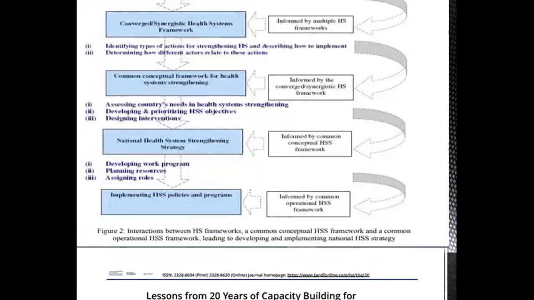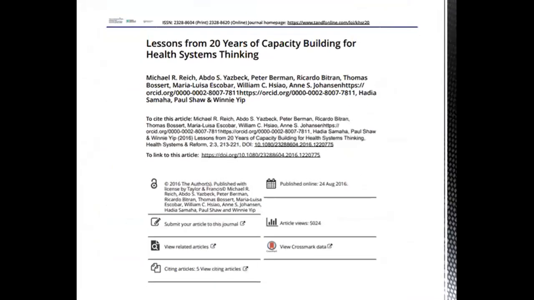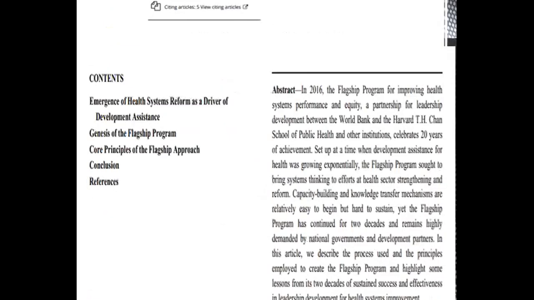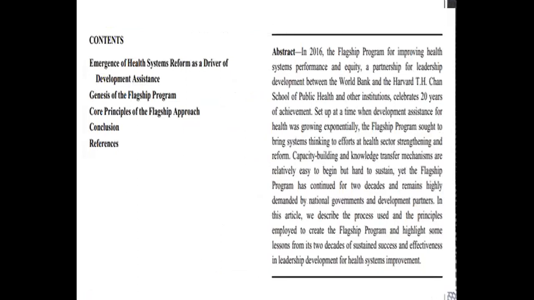Another article is published, which is lessons from 20 years of capacity building from health systems thinking. According to this, in 2016 the flagship program for improving health system performance capacity, a partnership for leadership development between the World Bank and Harvard, celebrated 20 years of achievements. It was set up at a time when development assistance for health was growing exponentially.